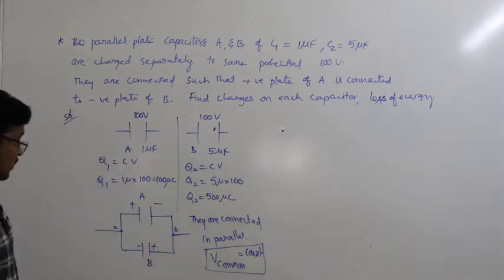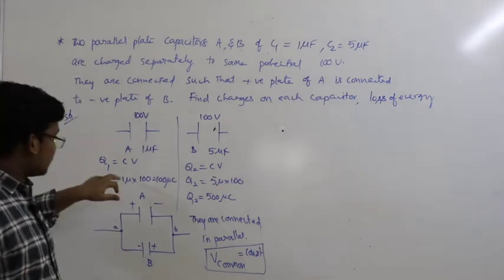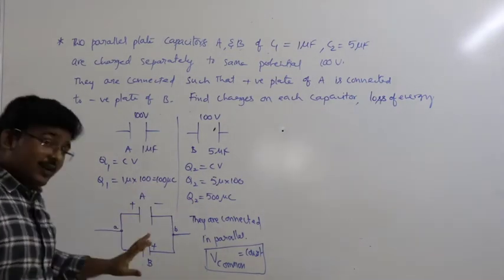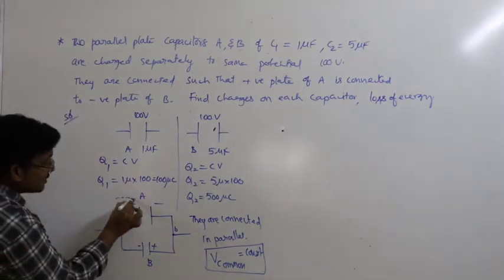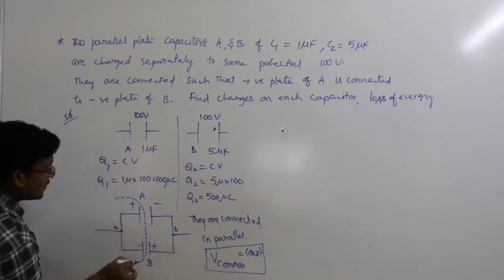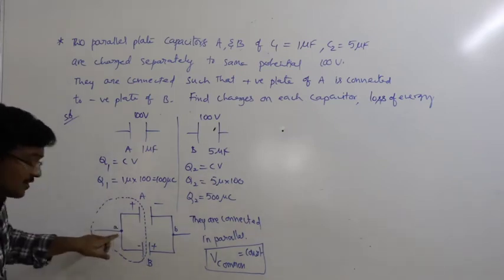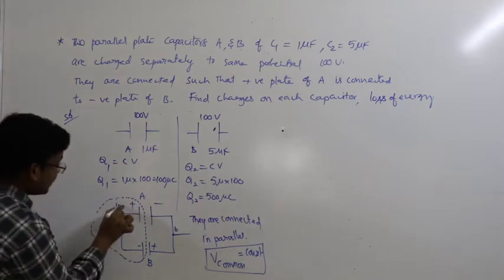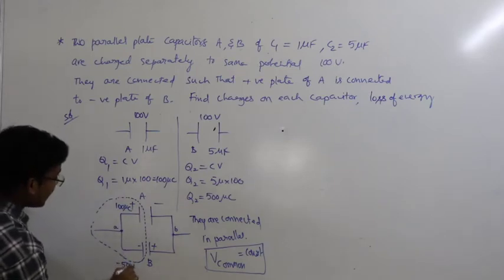Okay. Now what is the total initial charge? This is 100 micro, this is 500. When they are connected in opposite way, like plus and minus, if you consider this as a node for nodal analysis, for this node this is plus 100 microcoulombs, this is minus 500 microcoulombs.